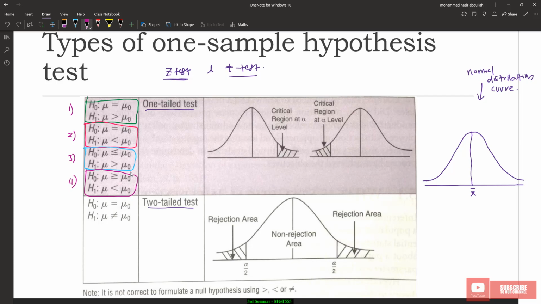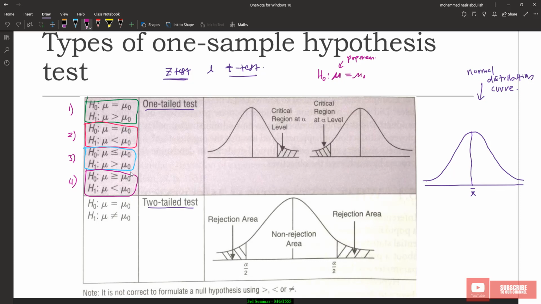For the first one, you nampak dekat sini, null hypothesis mu equal to mu naught. Mu is our population mean, right? This is what we call the population mean, equal to mu naught.